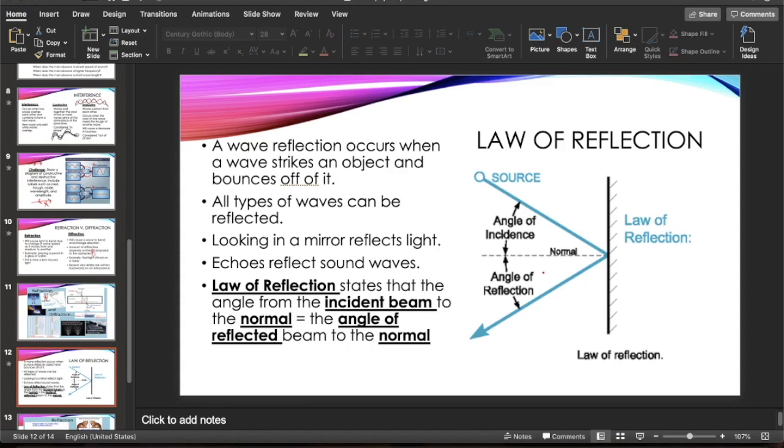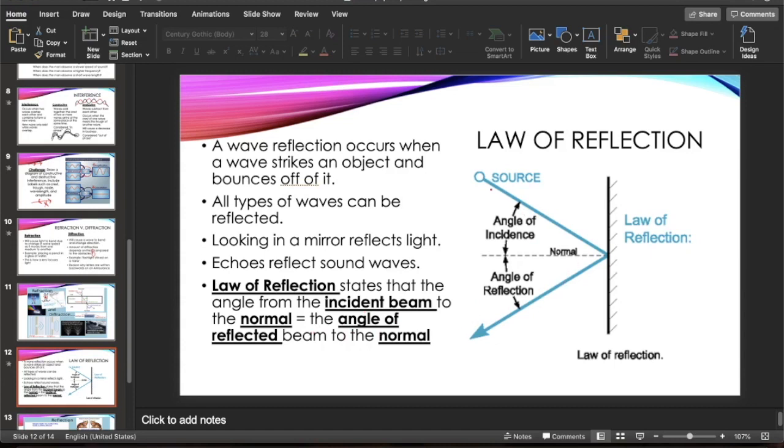All right. So the source of our light is going to hit the object, and the angle of incidence is right there. The law of reflection states that the angle from the incident beam to the normal is equal to the angle of the reflected beam to the normal.